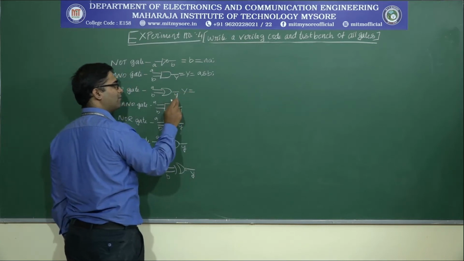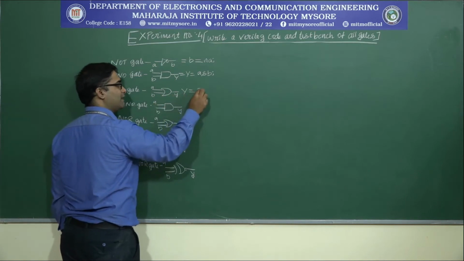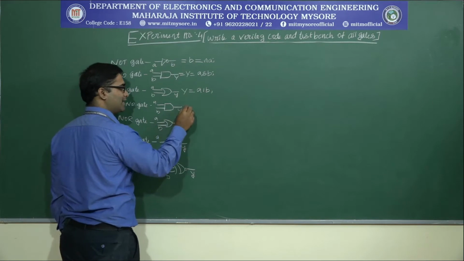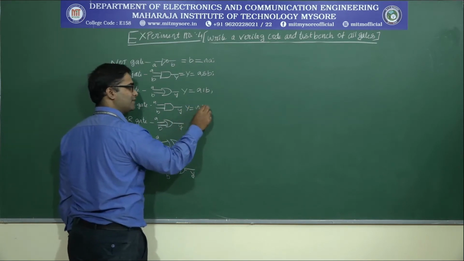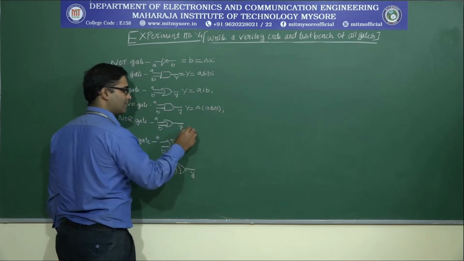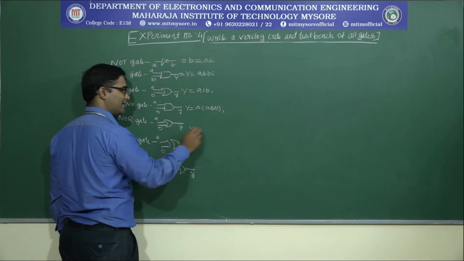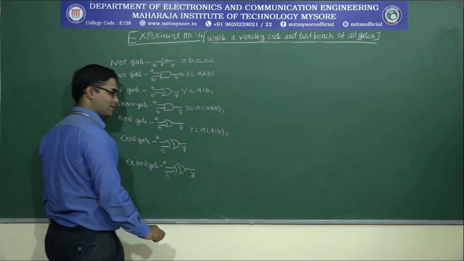Next, we do have output which is Y, and this is a particular OR function, A which is ORed with B. Next, a NAND, which is a complementary function, A ANDed with B. Then a NOR gate, which is a NOR function.